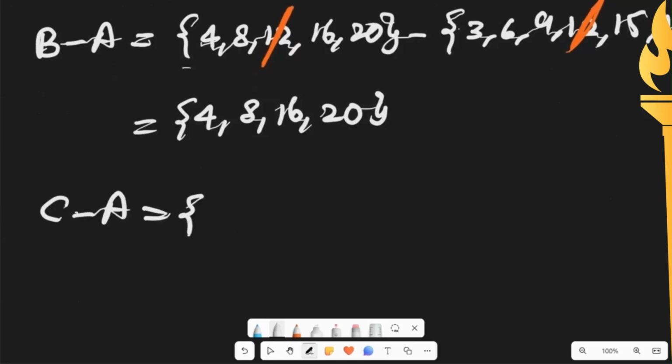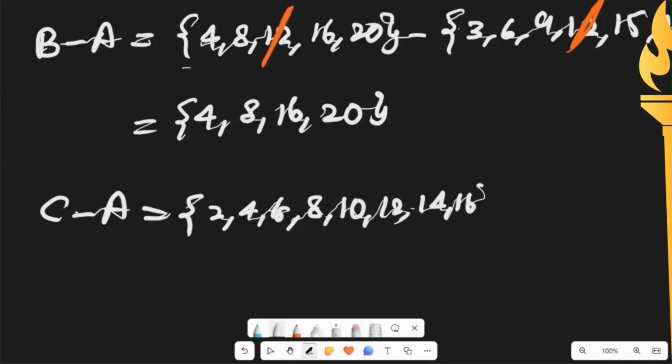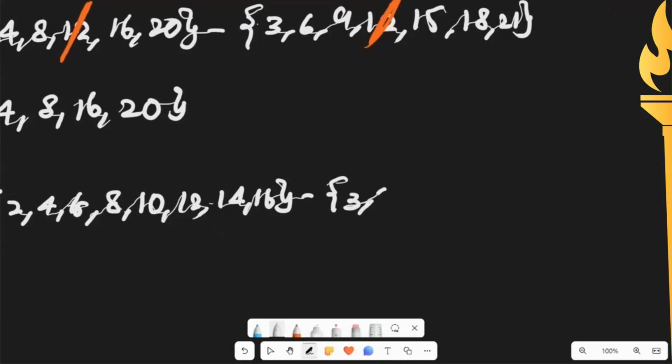Next one we have C minus A. If we write out the elements, we have 2, 4, 6, 8, 10, 12, 14, 16 minus, in set A we have 3, 6, 9, 12, 15, 18, and 21.